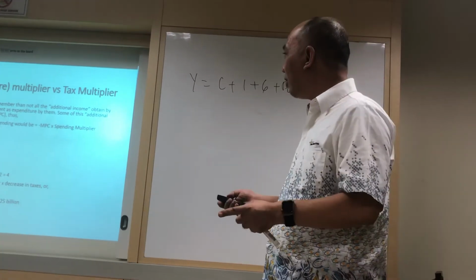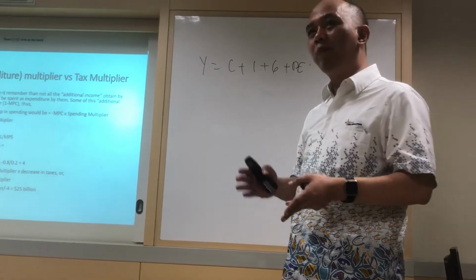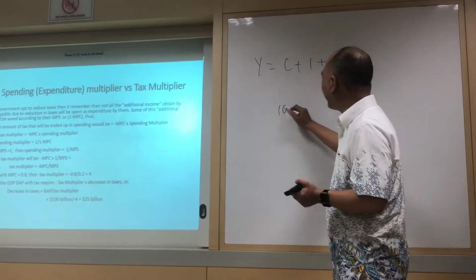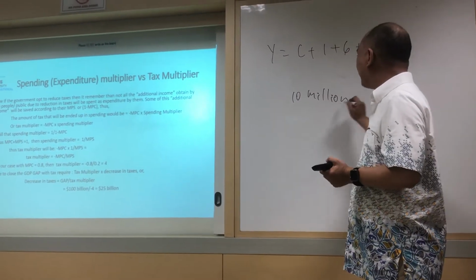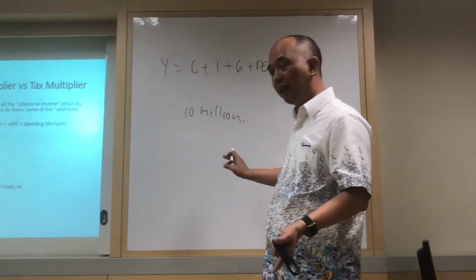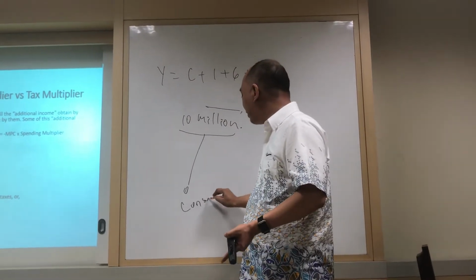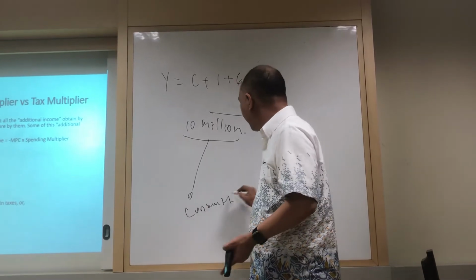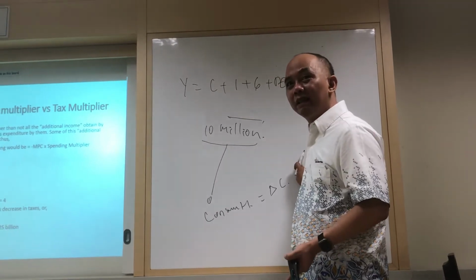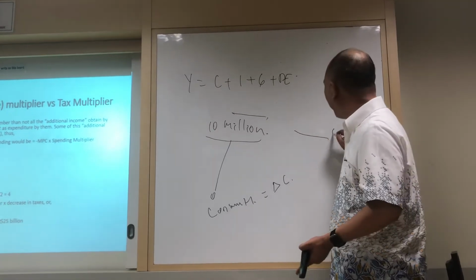It depends on my MPC. Some of my additional income will end up in my saving. For example, I get a 10 million increase in income because of a tax rebate provided by the government as part of fiscal policy. Not all of this 10 million will end up in my consumption. In other words, the additional consumption I get is not going to be 10 million. Why is that the case?